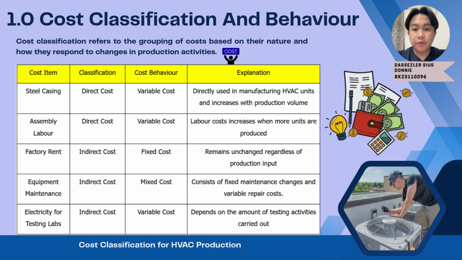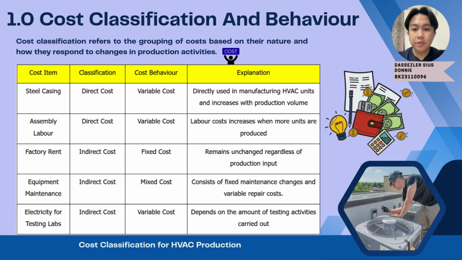On the other hand, factory rent is classified as indirect fixed costs because it supports the overall manufacturing costs and also it remains unchanged. Equipment maintenance is classified as indirect mixed costs because it consists of fixed maintenance repair and variable repair costs that depend on the machine usage.